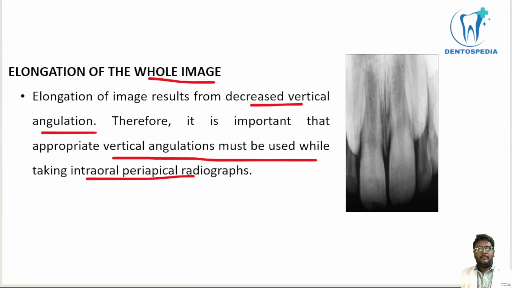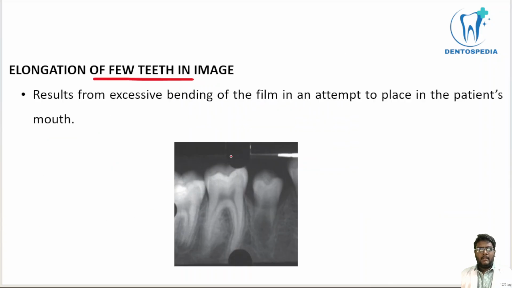In the previous error, all the teeth in the radiograph are elongated. In certain situations, errors can occur where a few teeth in the radiograph are elongated, and the rest of the teeth are normal in size. Okay, and it might mimic some kind of orthodontic teeth.